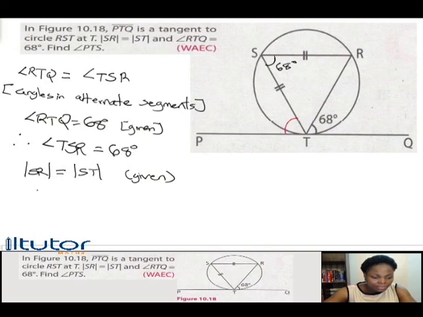And therefore it implies that triangle TSR is isosceles.